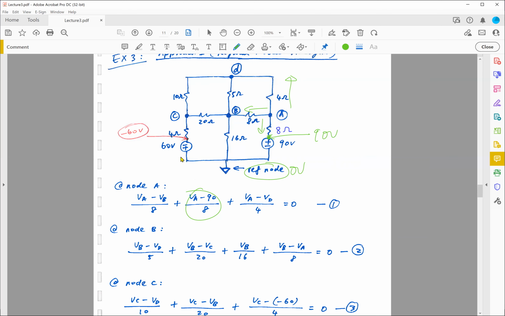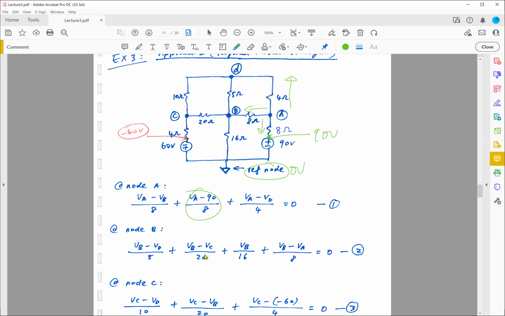This is my ground. From this ground to this node, the difference from here to there has to be 60, right? So 0 minus 60 is going to give you minus 60. You take the plus minus the negative sign. So 0 minus whatever this voltage is has to be equal to 60, so this voltage has to be minus 60.